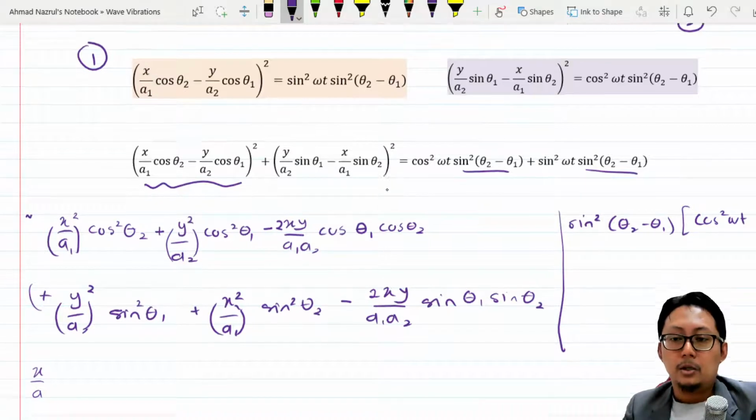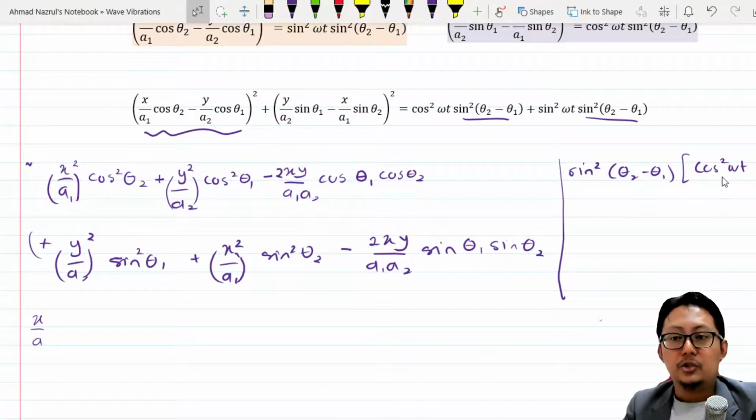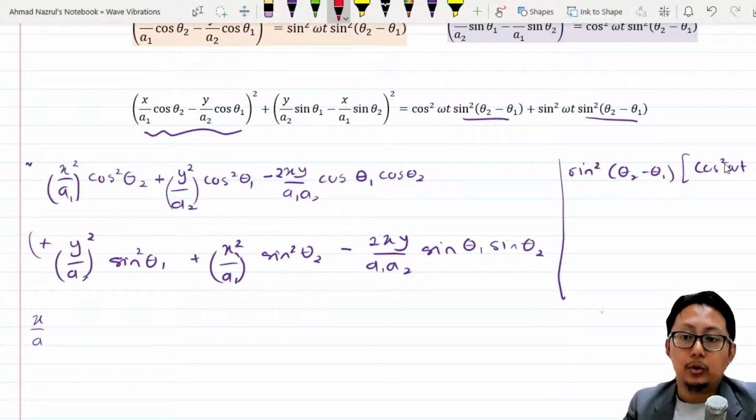So we know that cos square theta plus sine square theta is equal to 1. Trigonometry. So we have here only sine square theta 2 minus theta 1.